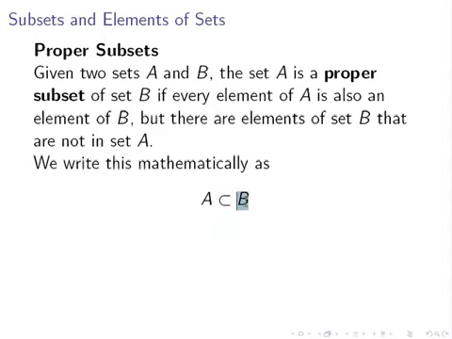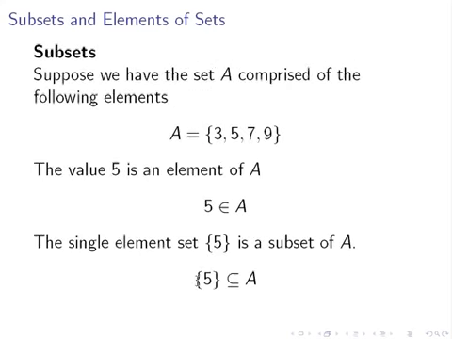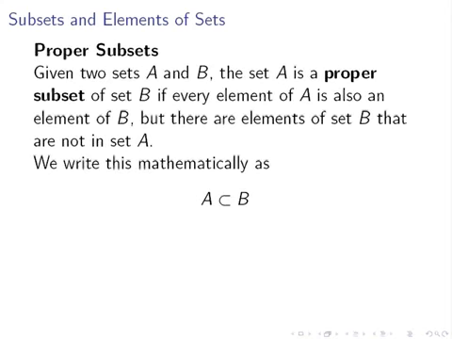A ⊂ B. I'm just going to go back a second to show you the distinction here. {5} is a subset of B. So it's that bar there, which is sort of like an equal sign. In this example, actually, the single element set {5} is also a proper subset of A, so we could have used the other symbol. So that's a proper subset. There are elements of B that are not in A.